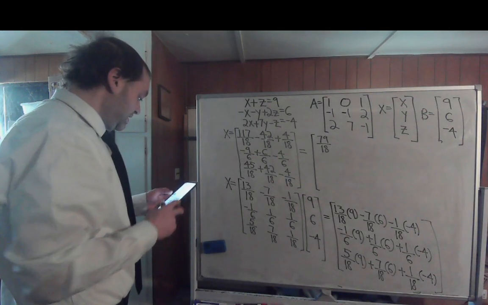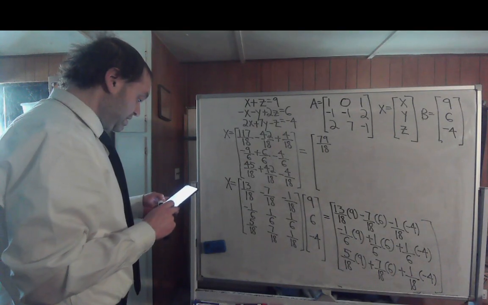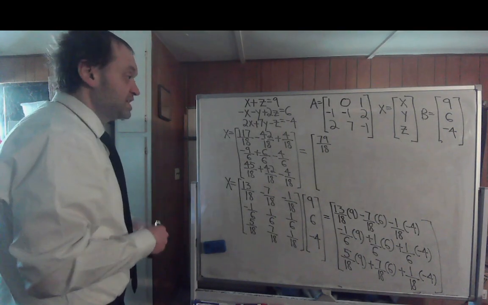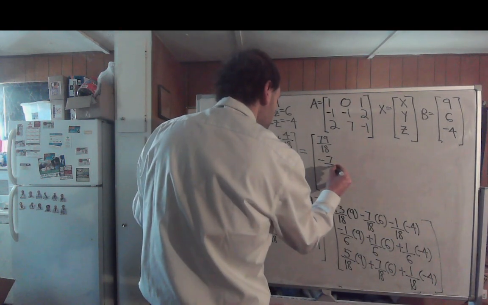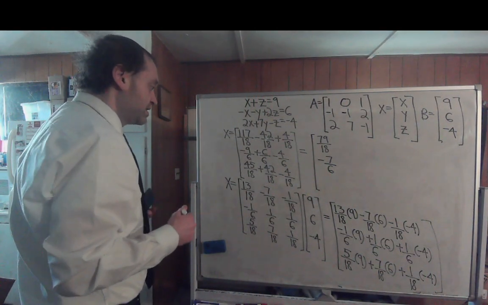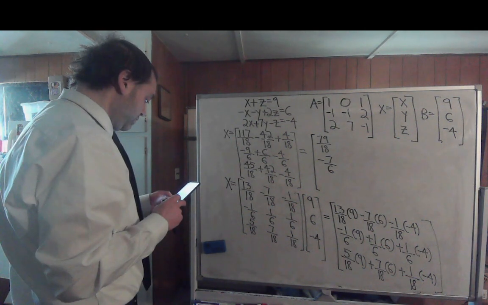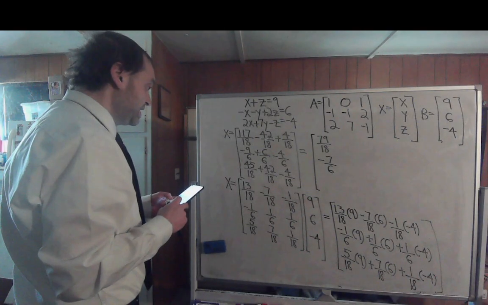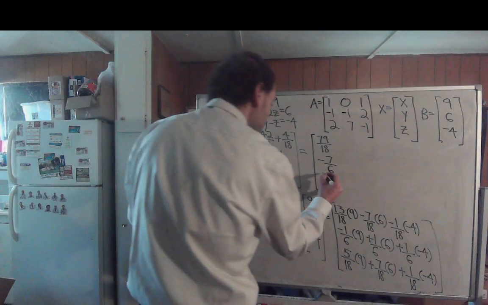So let's see, -9 plus 6 is -3, minus 4 is -7/6. As we know, that doesn't reduce any further. So there's your y solution of -7/6, and then let's do the z solution. So 45 plus 42 is 87 minus 4, that's 83/18, so that's not going to reduce any further.